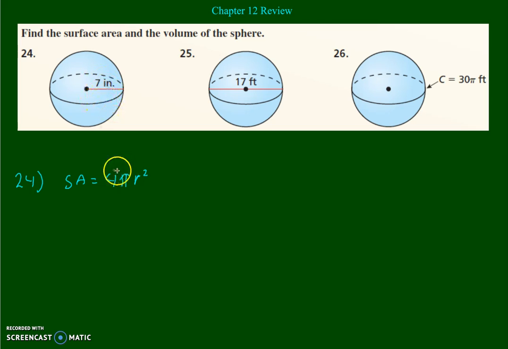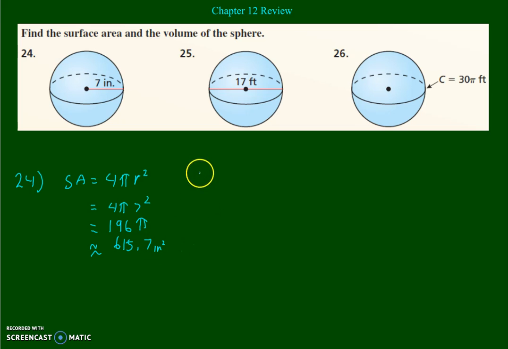So 4 of those circles equals the surface area. This gives us 4 pi 7 squared, which is 196 pi, which is approximately 615.7, and that's going to be square inches.